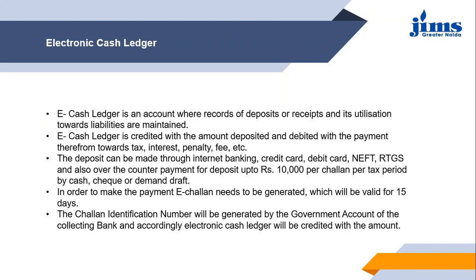So simply, what you need to understand here is that the cash ledger tells you what all deposits are there in your account. Account here means your GSTIN, and what all payment has been made out of that cash ledger.